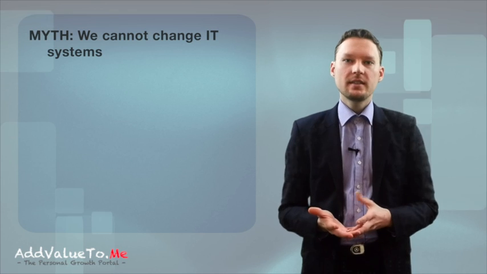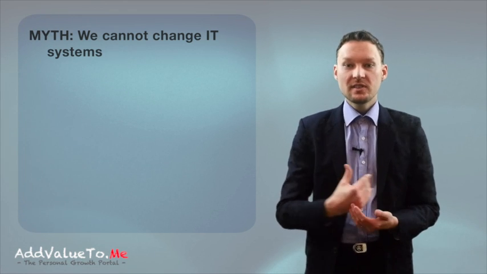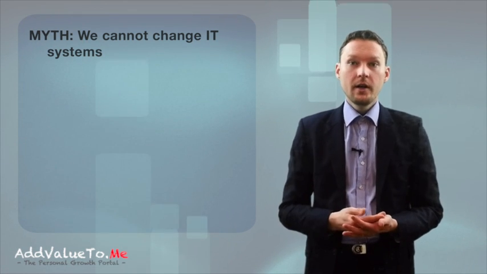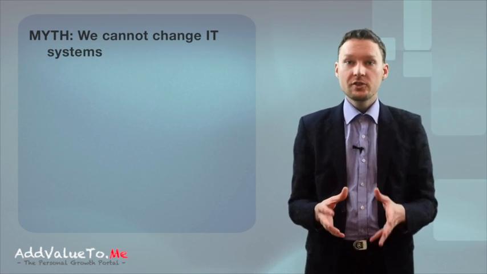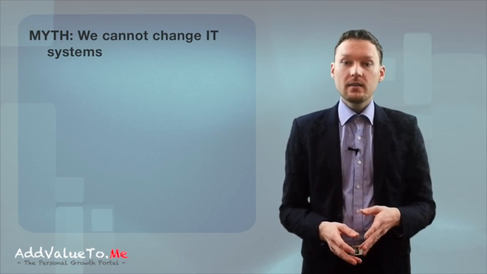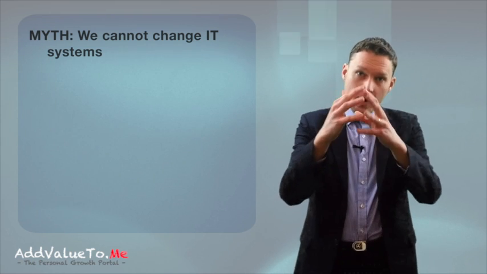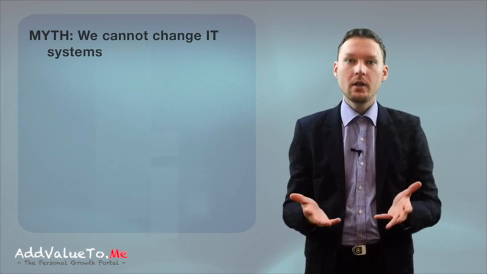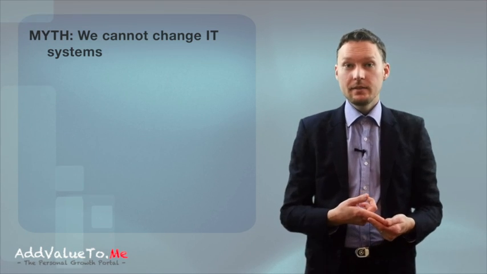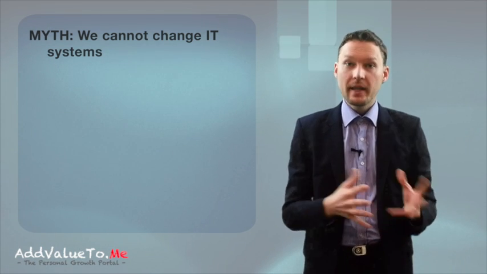Then the other thing which is very common is that companies say that we cannot change our IT systems. The IT systems tell us how we deliver the customer experiences, and the IT systems are so rigid and we cannot change them that the processes need to adapt around the IT systems. Well, I think that's bollocks, isn't it? At the end of the day, yeah, it's expensive to create IT systems and replace old ones.